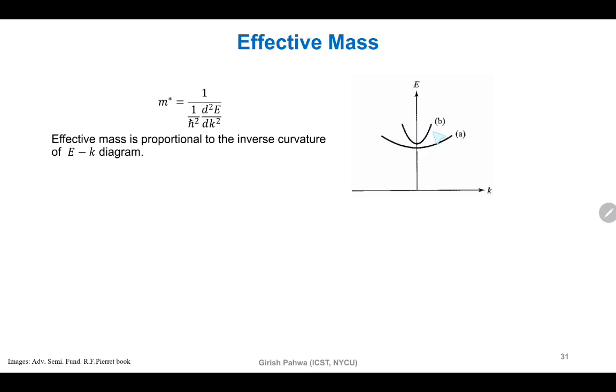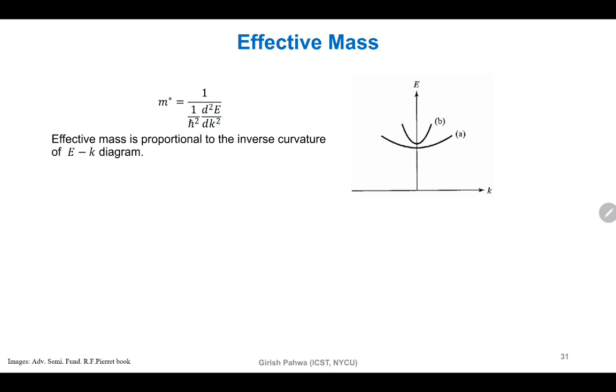So this is more curved, right? This will have a larger value of d2E by dk square. So if the denominator is larger, m star will be smaller. Larger the curvature, smaller the effective mass. Similarly, this is flatter, so it has a smaller value of d2E by dk square.